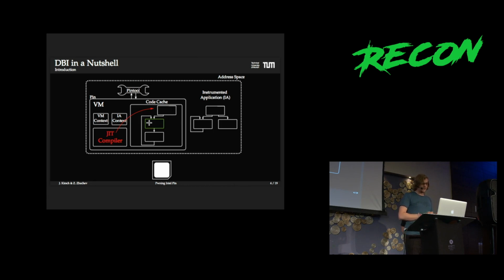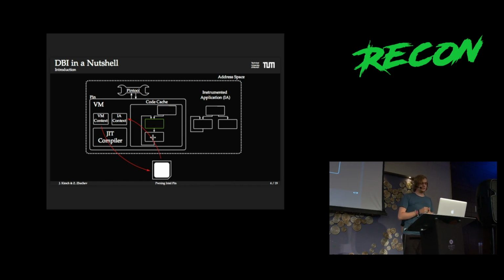Kind of simple. And then once the JITting is done, Pin actually switches from JIT mode to executing what is there in the code cache. So it places the instruction pointer there, the execution continues here, and once it's done, it switches back to the VM context. There are two very important observations at this point.